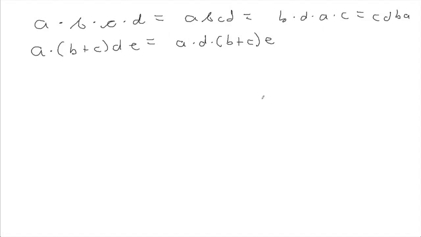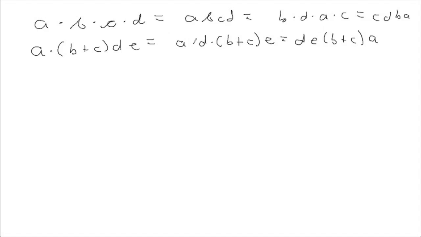Is this legal? A times D times BC. Yep, that's legal. How about, is this legal? Yep. So my point is, again, just to hammer home this idea that multiplication is commutative.